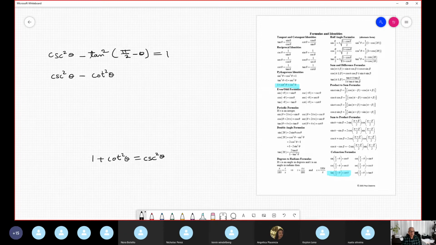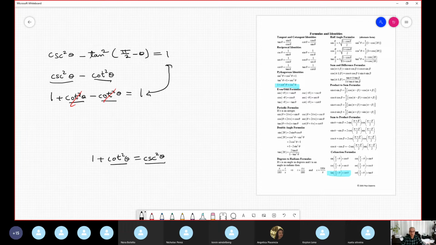So maybe you replace this cosecant, it is 1 plus cotangent square theta minus cotangent square theta, which is this. So this is this, and this is that, and it cancels, and the answer is 1, and 1 equals 1, identity. Super good.